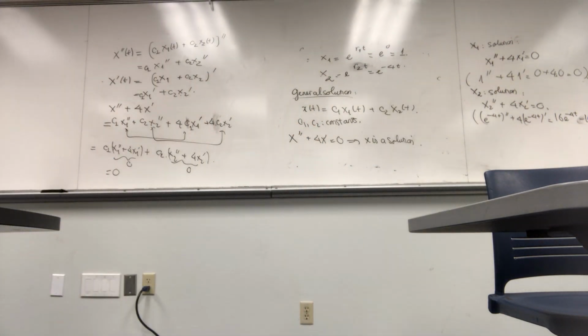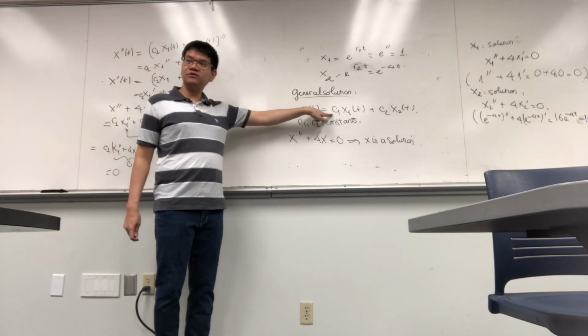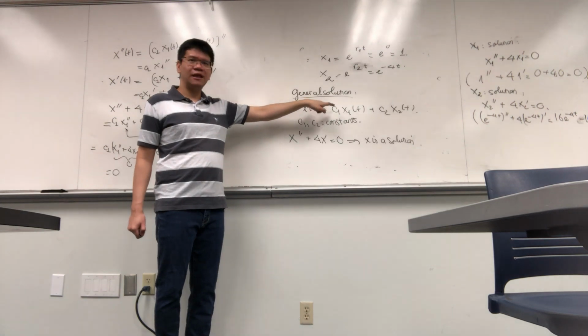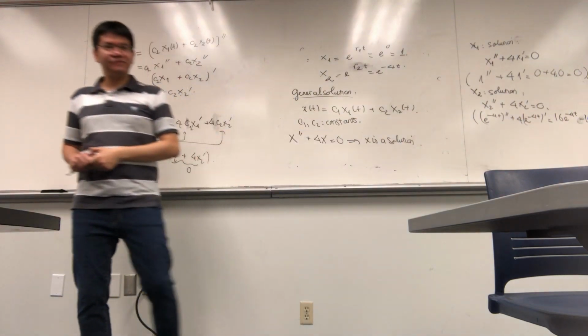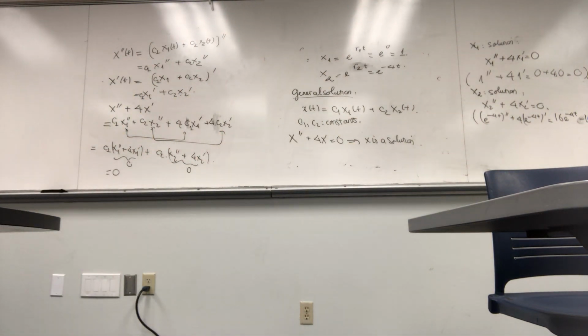So meaning that if you have two solutions, and you take any linear combination of the two solutions, then you will get a solution of the equation. And the reason that I can do this is that this equation is linear.